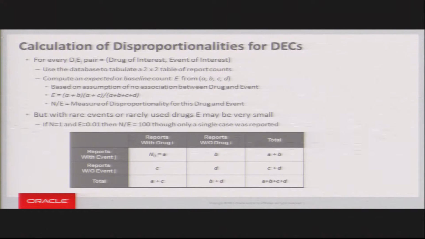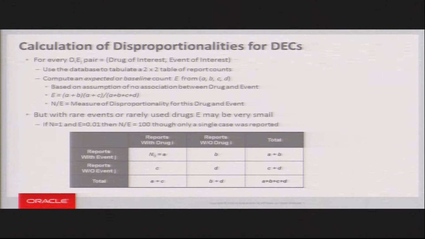Then you could take a ratio of the actual observed count in the upper left cell to some kind of expected count based on the independence notion. The row total times the column total over the grand total is your typical expected count. So take that N divided by E. The problem is, although that's intuitive and seems nice, if N divided by E is 20, it means there are 20 times as many reports as you might expect by chance.